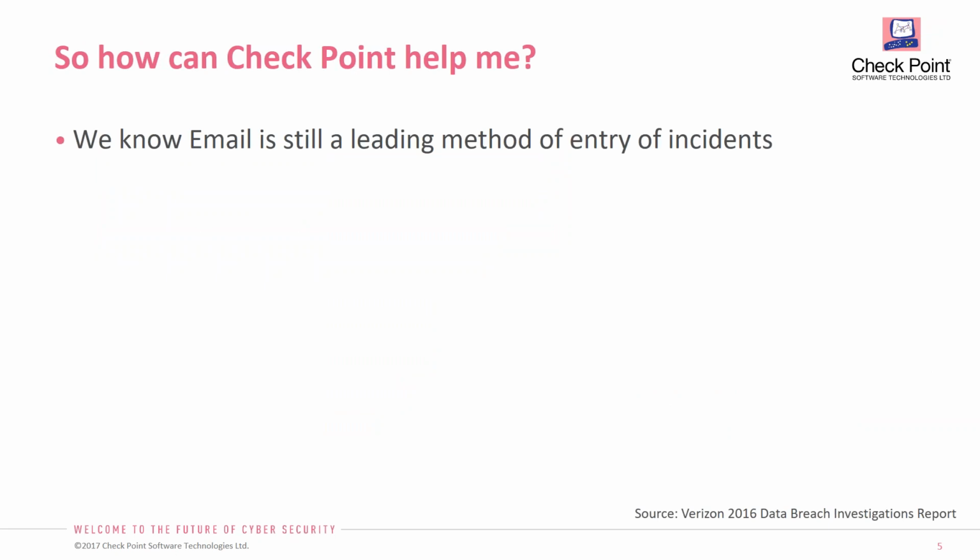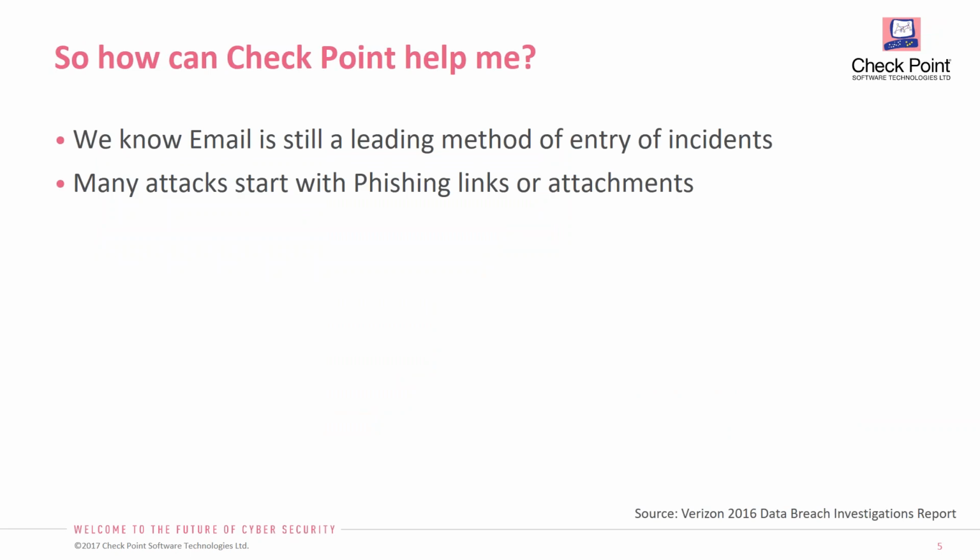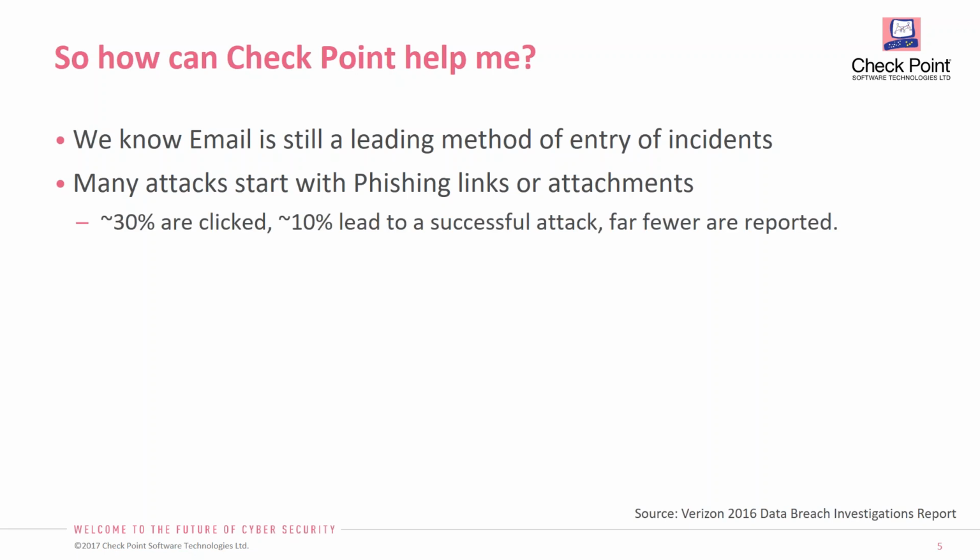So how can Checkpoint help? Well, if we go back to basics, we know that emails are often one of those leading methods of incidents coming into our organization. And that can be a phishing link, it could be a suspicious attachment, it could be a link to attachments, who knows. And doing a bit of research, looking at people like Verizon, in their data breach investigation report they felt that around 30% of people clicked on a report.